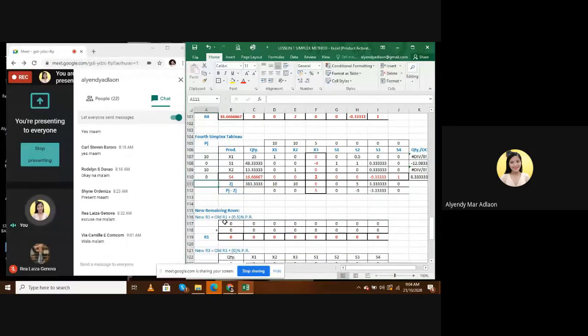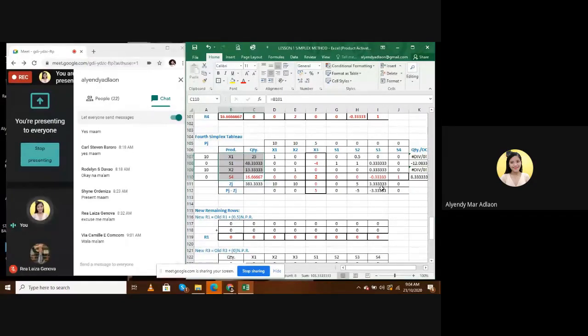Okay, so we will now compute for the fifth simplex tableau. So, makita na nato dinhi kung naa na ang answer, no? Ang ato ang mga decision, makita na nato diri, no? Kani kanang product, kanang big four, di ba? Ingon ko ang big four mao na ang decision.